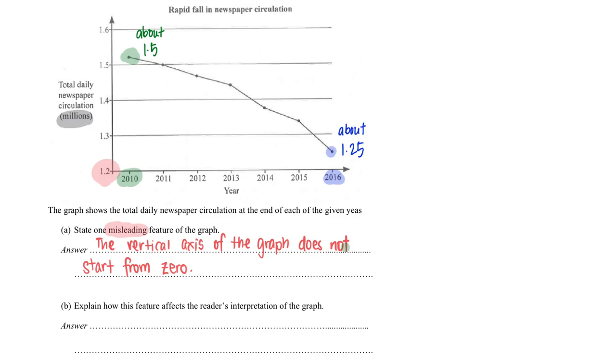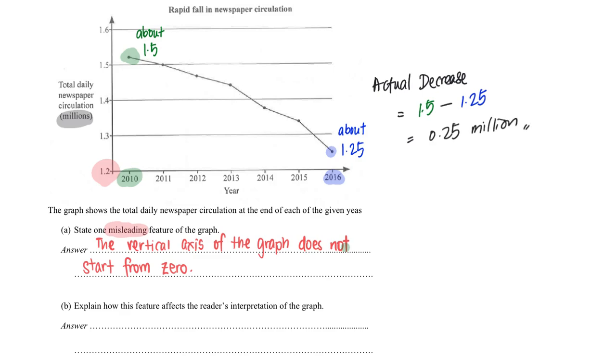So right, the actual decrease, if we were to use the figure, is actually 1.5 minus 1.25 to give us 0.25 million.